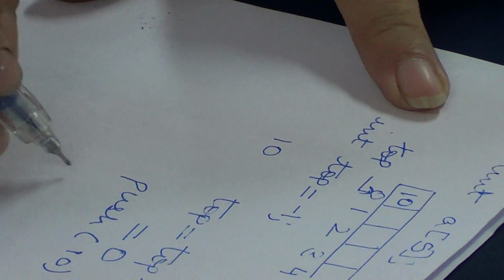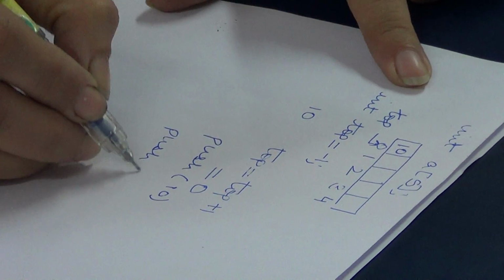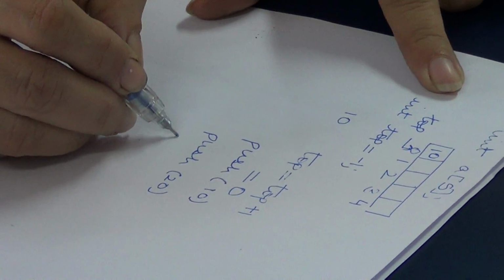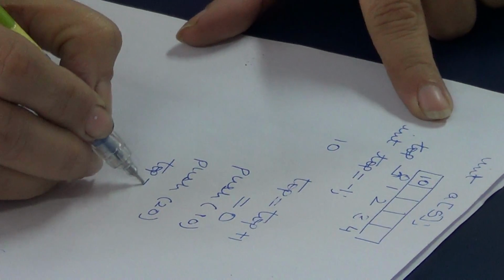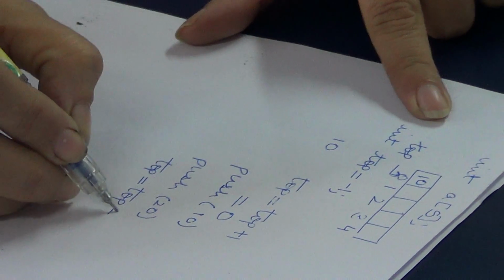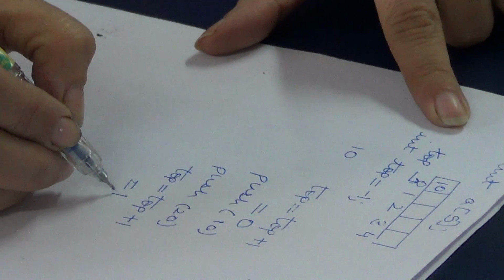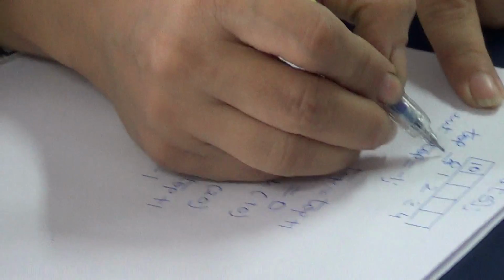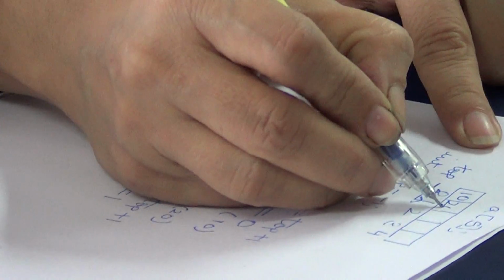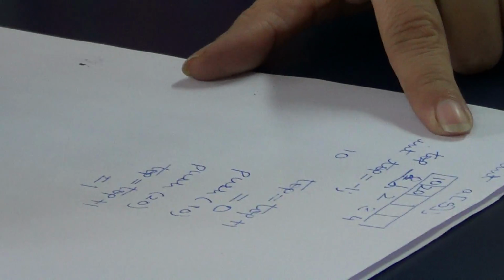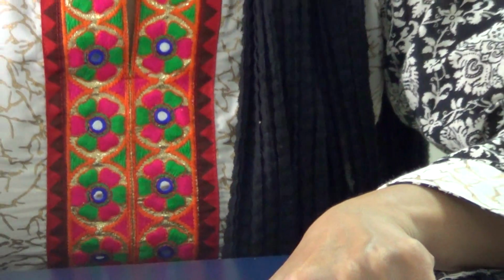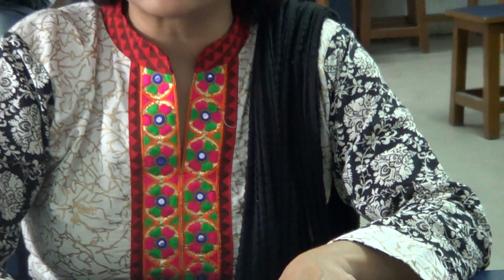Now to push the next item, suppose 20, I again increase the value of top by 1 and the new value of top will be 1. So when I say push 20, 20 will be pushed here and my top will point to 1 instead of 0. So I can push more and more elements like this.